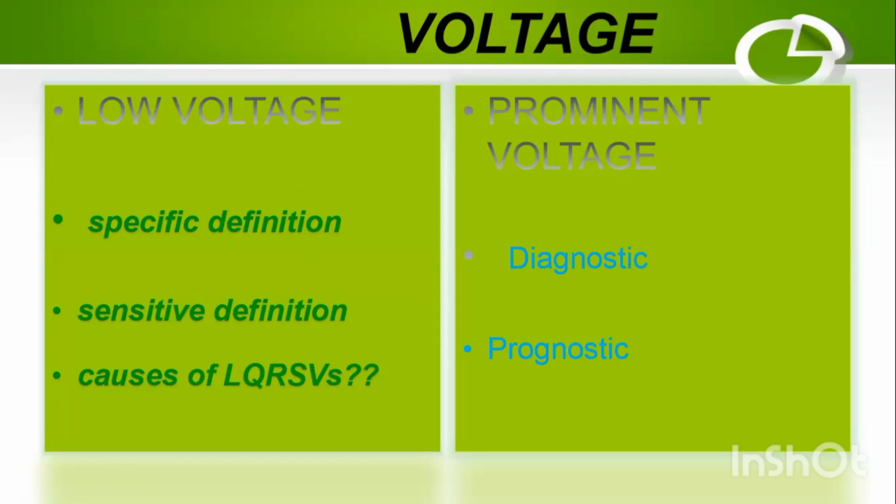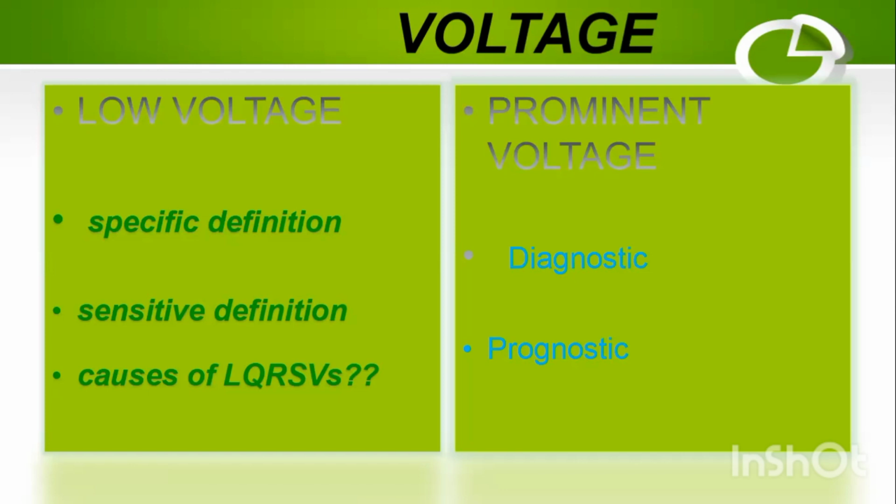The specific definition in chest leads is any chest lead less than 2 large squares. But the specific definition is sometimes not enough to diagnose, because some leads may be placed over an edematous part, or localized edema of the chest, or localized edema of the hand or feet, or lower limb edema. So there is a sensitive definition.